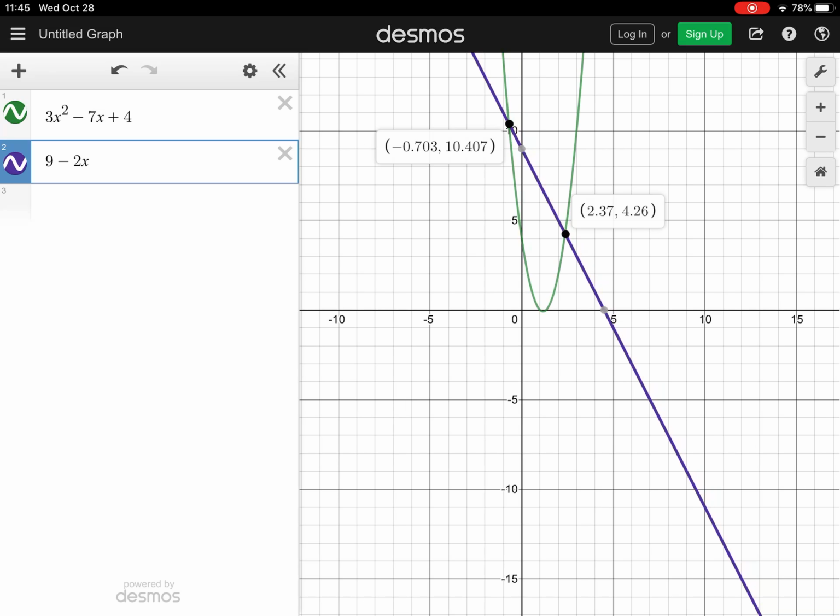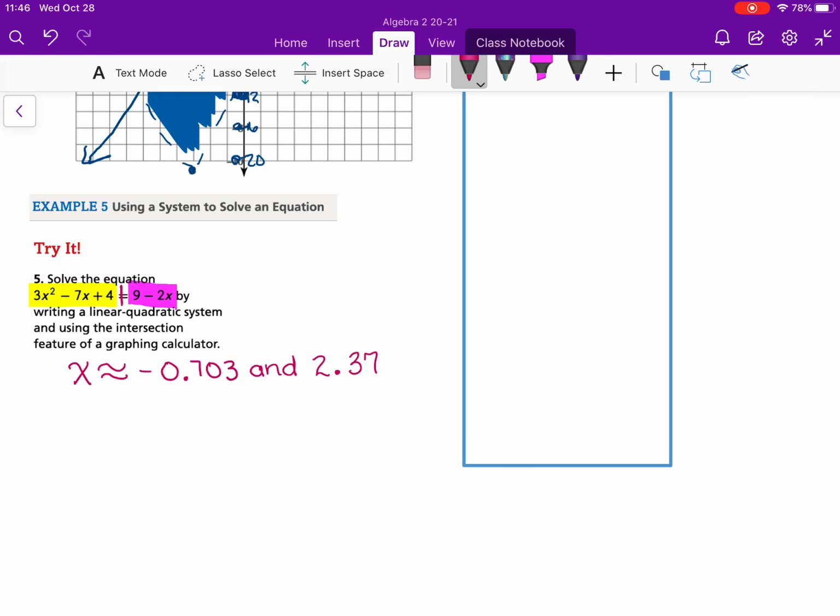And that's it. We're done. We have solved for x by graphing, which is much easier than having to set equal to 0 and do the quadratic formula. So we could use this option instead. We have now wrapped up the unit. Complete your target and be on the lookout for a review.